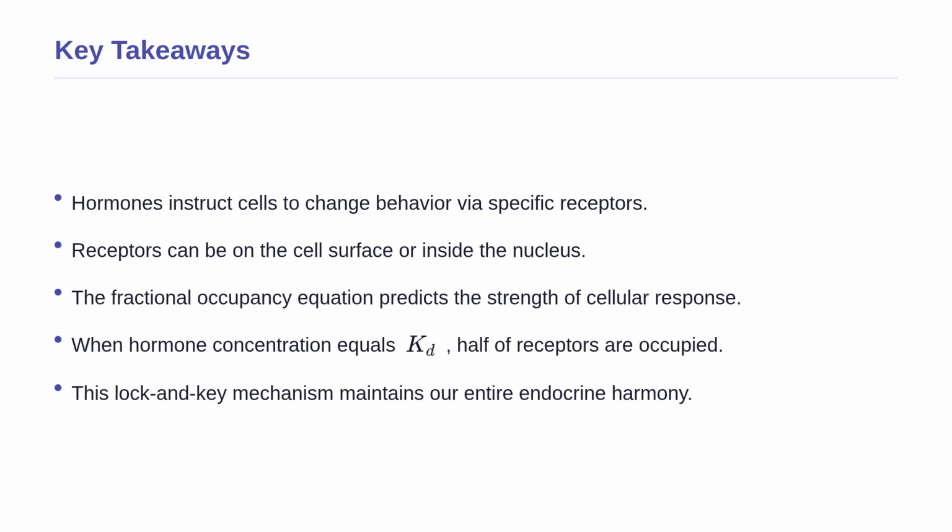By using the fractional occupancy equation, we can precisely predict these responses. And we proved that when hormone concentration equals the dissociation constant, exactly half the receptors are occupied. This beautiful lock-and-key mechanism is the very foundation of how our entire endocrine system maintains harmony and health.